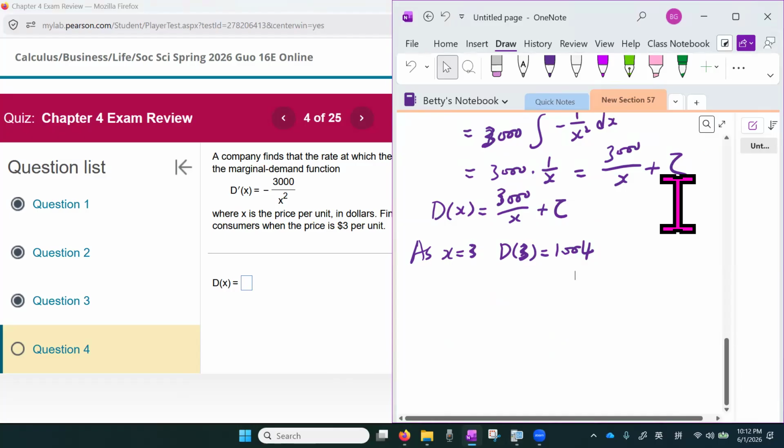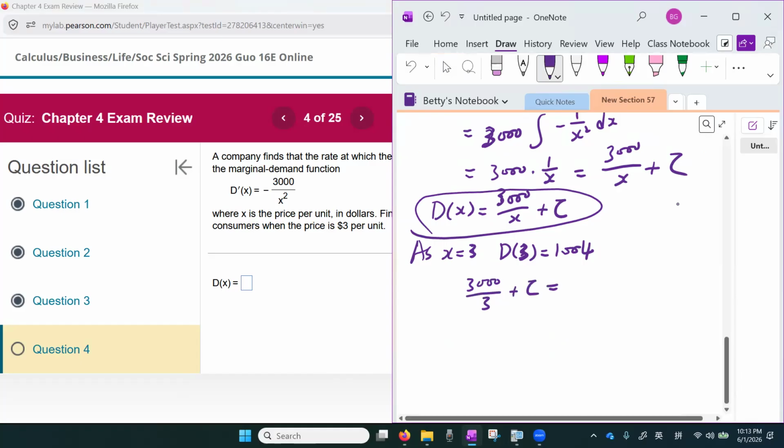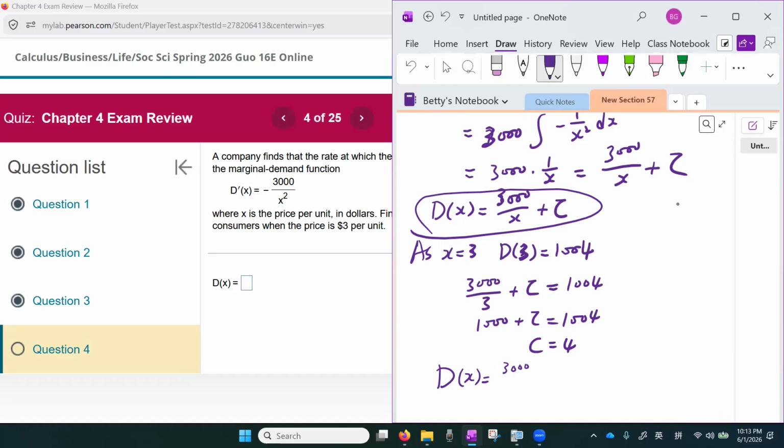So when we plug in x equals 3, we have 3,000 over 3 plus C equals the demand, 1,004. 3,000 over 3 is 1,000. C is 4. So the D of x that we are looking for is 3,000 over x plus 4.